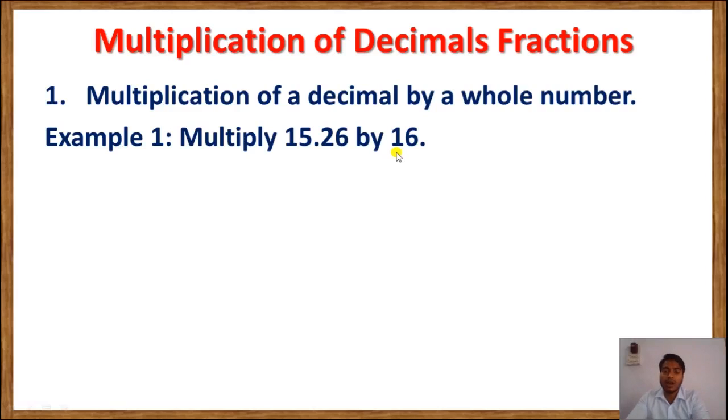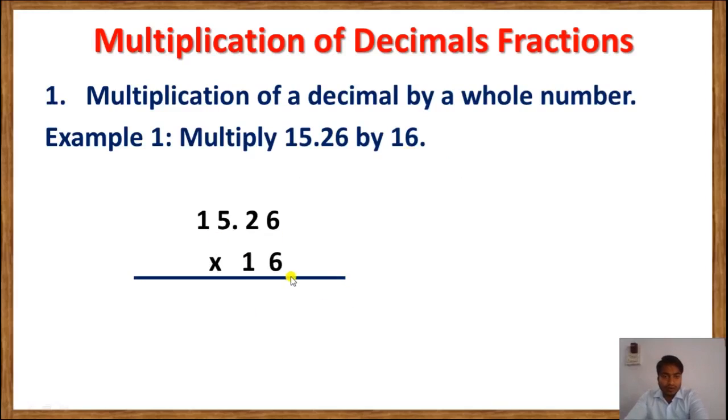You know very well how to multiply numbers. So first we'll write 15.26 and this number we have to multiply by 16. Now we have to multiply these numbers by 6 first. 6 into 6 is 36, we write 6 and carry 3.